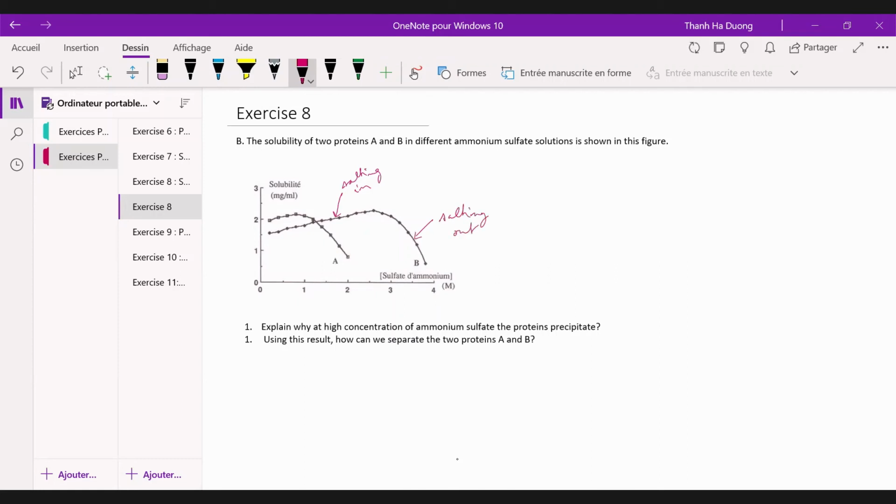So what happens when the concentration of salt increases? You have your same proteins with the charge. I don't remember what charge I put. Let's say it's okay. You have the salt here, plus, minus, plus, with your water molecules.